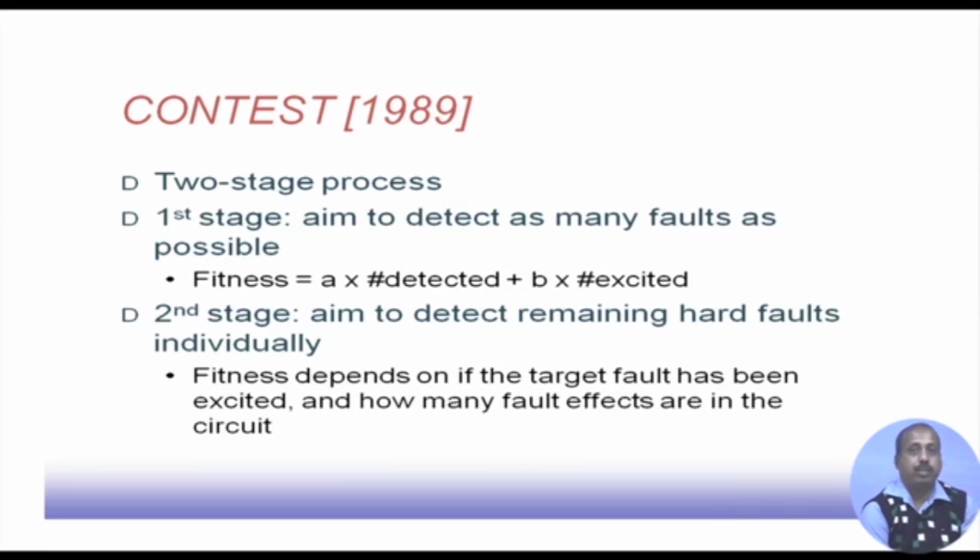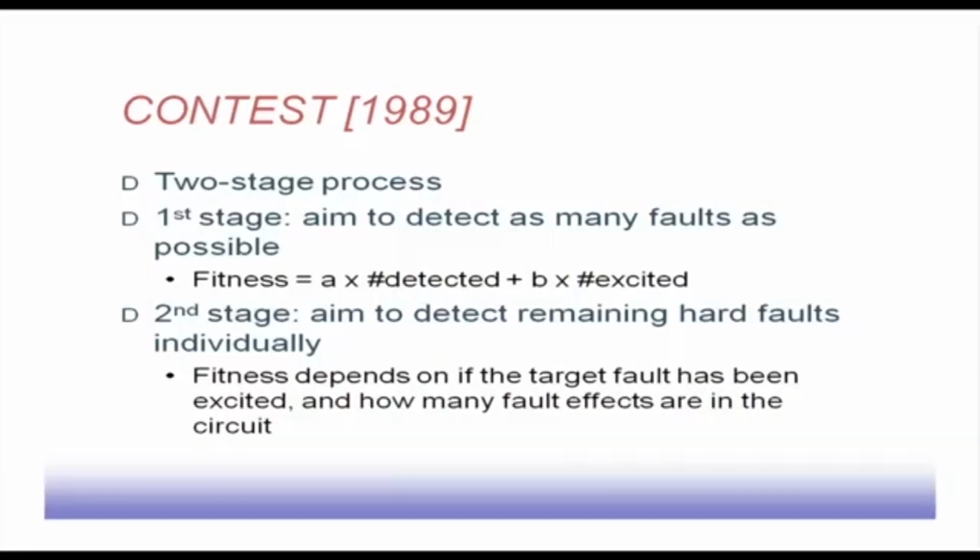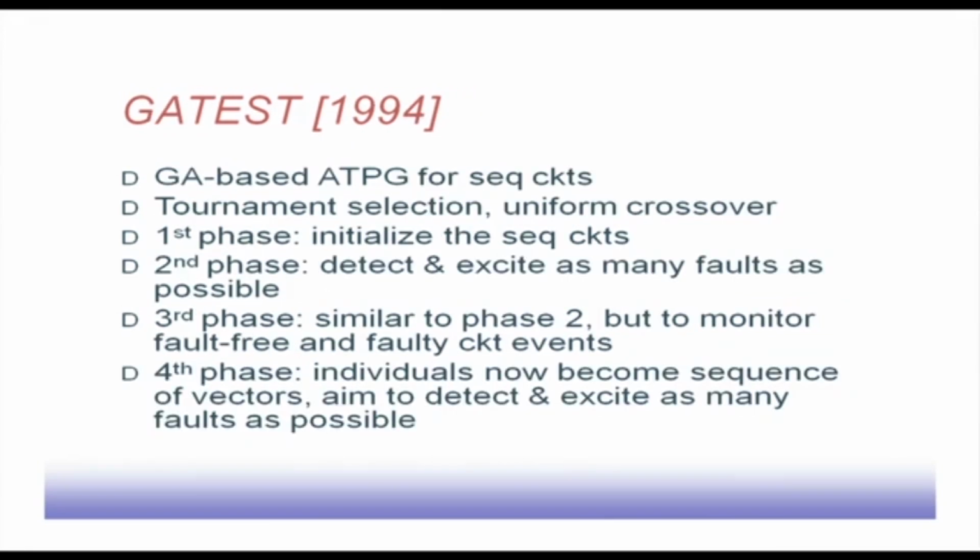It targets one fault at a time and tries to generate individuals in that direction. So we check whether the target fault has been excited and how many fault effects have been excited by that pattern. That way we get the fitness of these individuals.